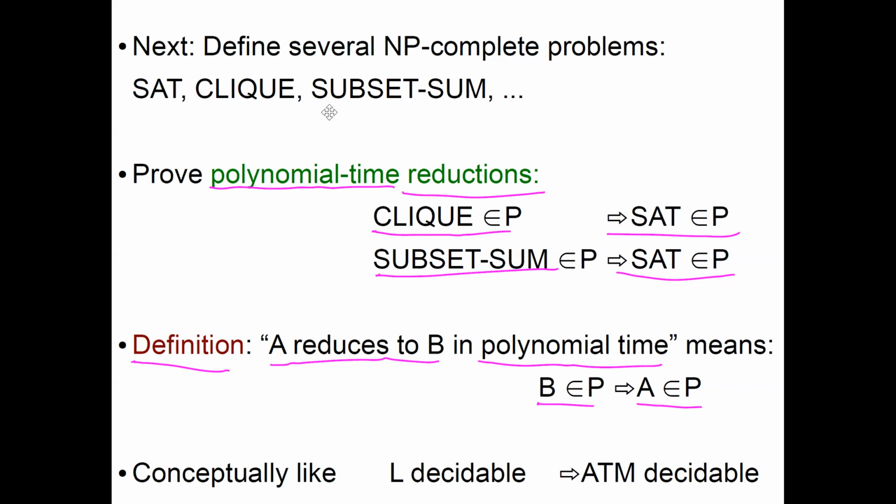This is conceptually like the implication which we saw earlier, that if L is decidable, then also ATM is decidable. The main difference is that earlier we could obtain unconditional results because we know that ATM is undecidable. Now we don't know that. We're just going to use implications to link problems to prove that if one problem is easy, then the other one is easy as well.